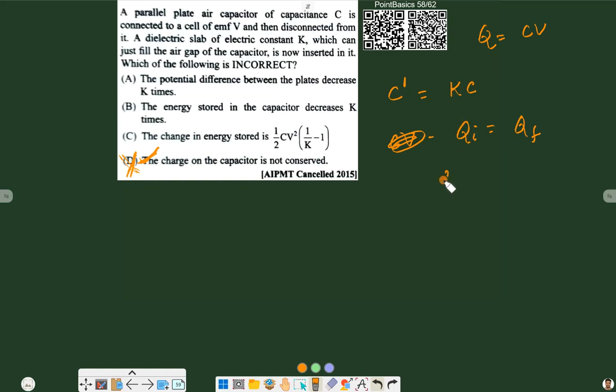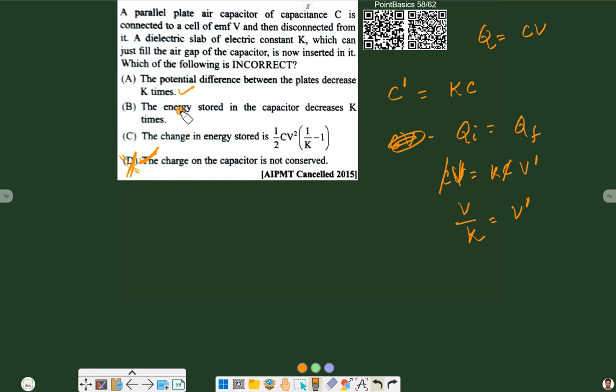Q initial is equal to CV and Q final is new C times new potential. New C is KC and new potential suppose V dash. So C gets cancelled, V is as it is, and V dash comes out to be V by K. And as K is greater than 1, the new potential is decreased K times. So option A is the right one.